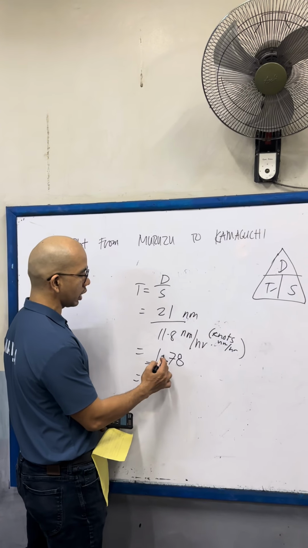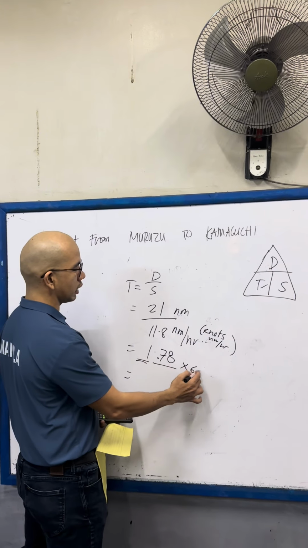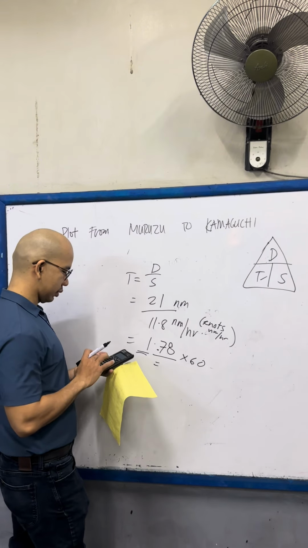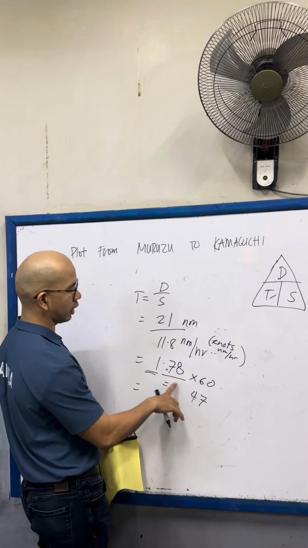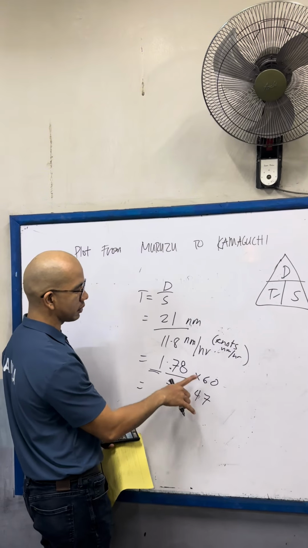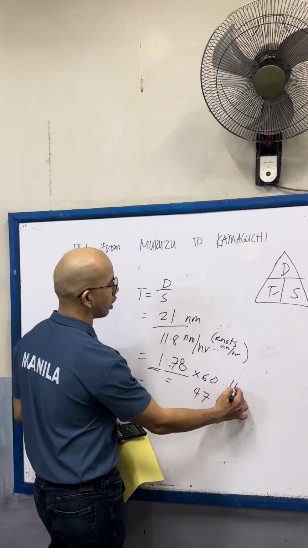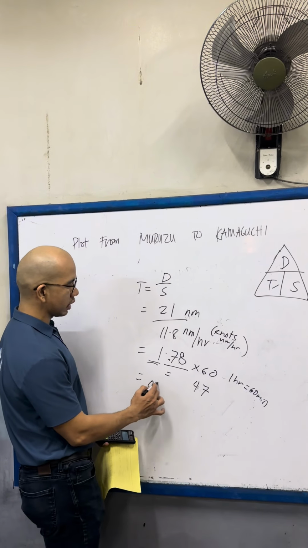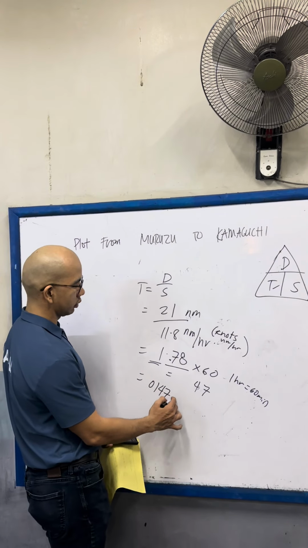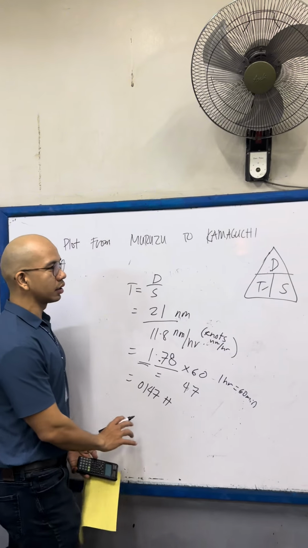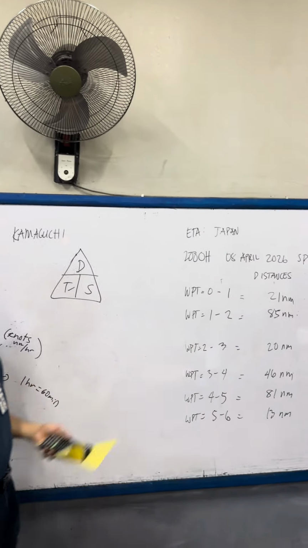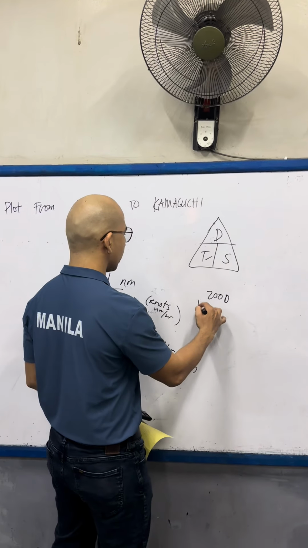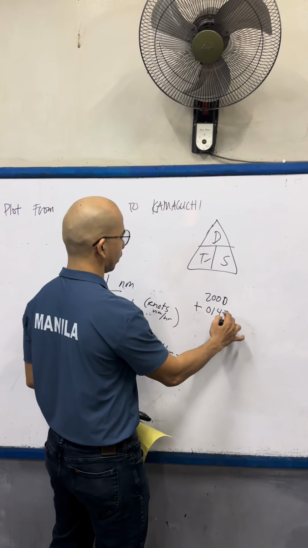The 0.78, we convert to minutes. So 0.78 times 60 because 1 hour is 60 minutes. The answer is 0147 hours. Add it to the departure time, which is 2000, plus 0147.